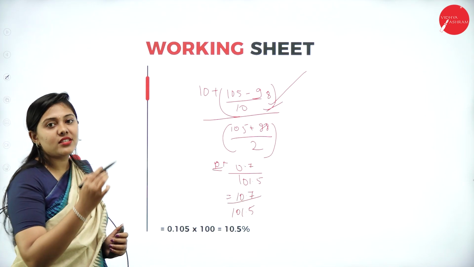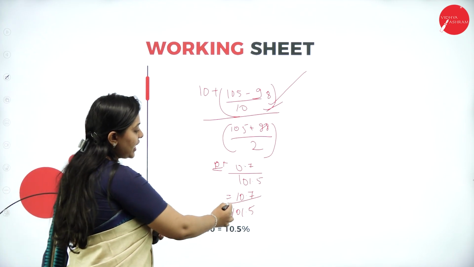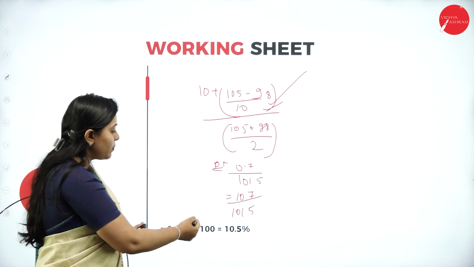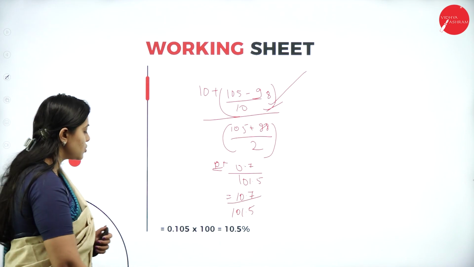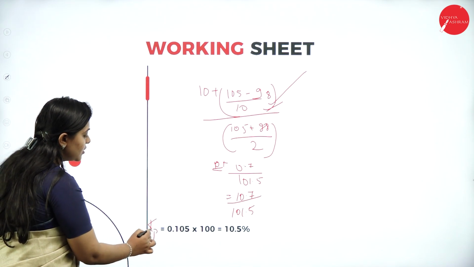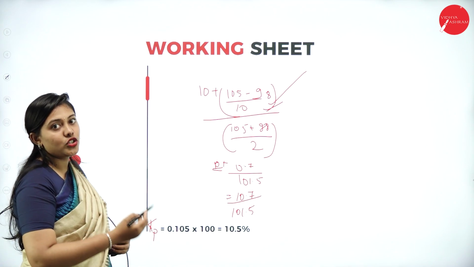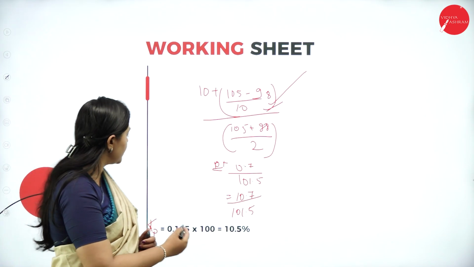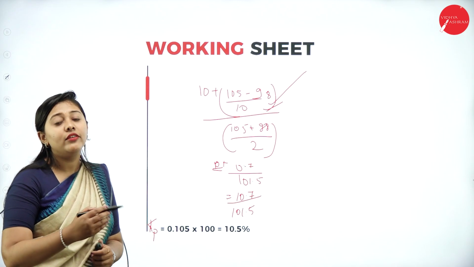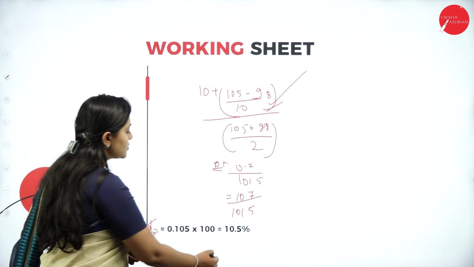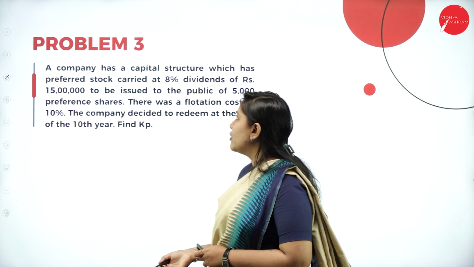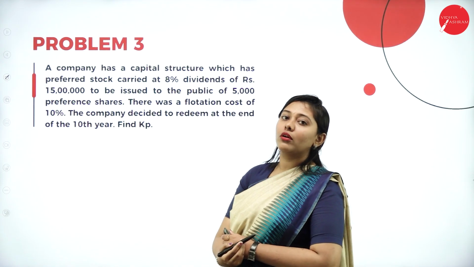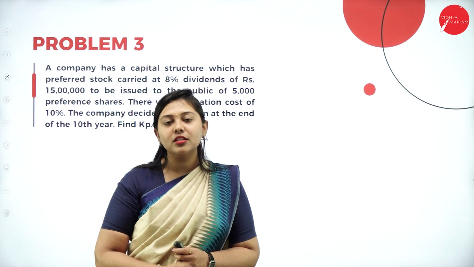So 0.7 plus 10, it will be 10.7 divided by 101.5. It will be around the cost of redeemable preference share. The cost that is incurred is how much? 0.105. If you convert that into percentage, it will be 10.5%.